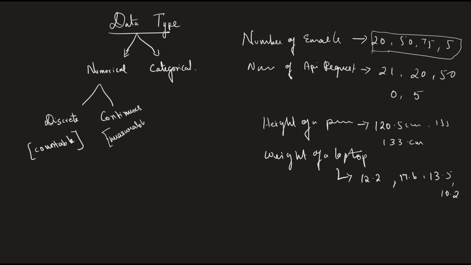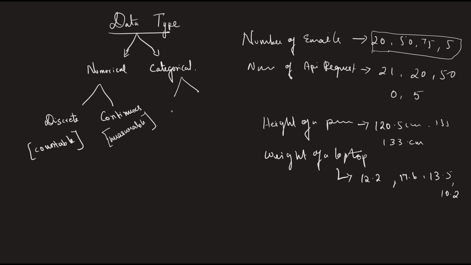This is the question you should ask for a numerical feature: if the observations are countable, then it is discrete, and if it is measured, then it is continuous. These are the two different data types under numerical.